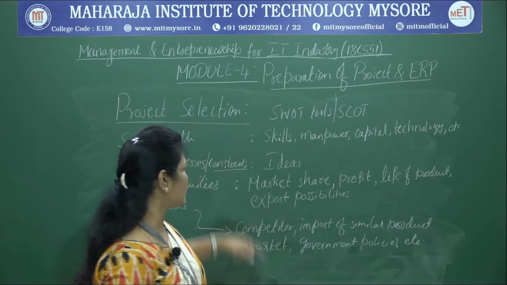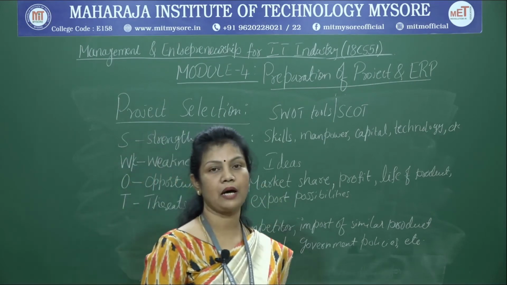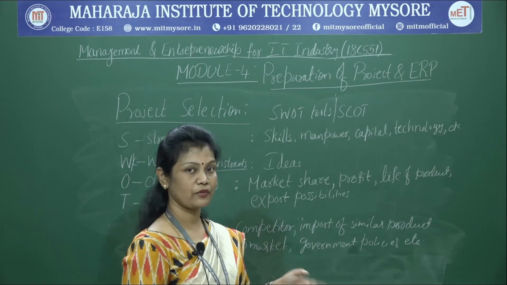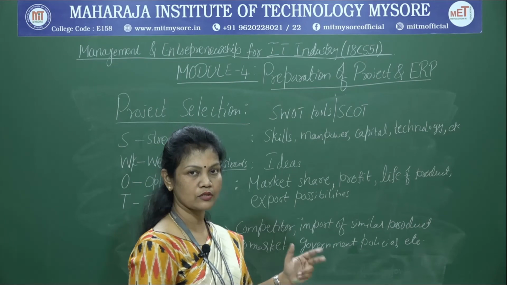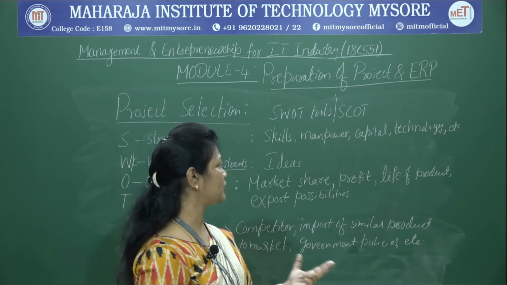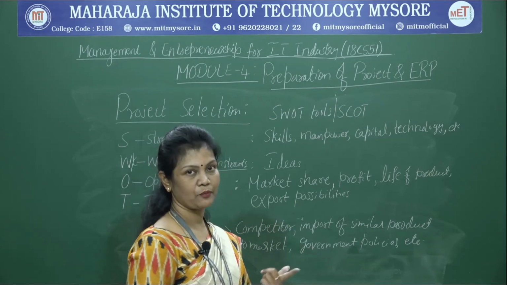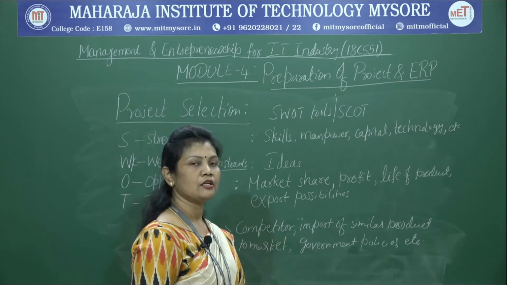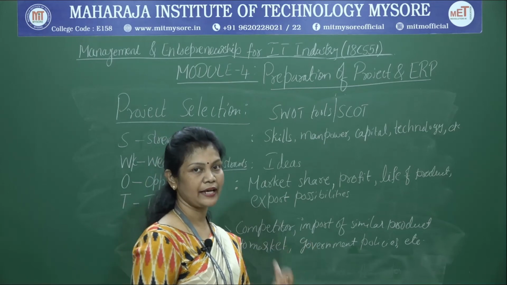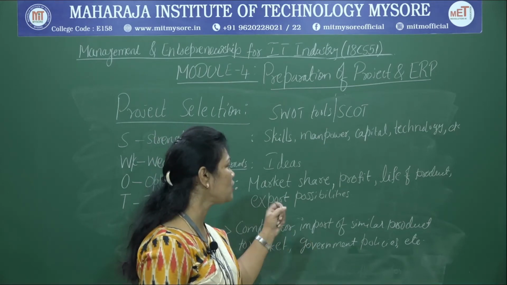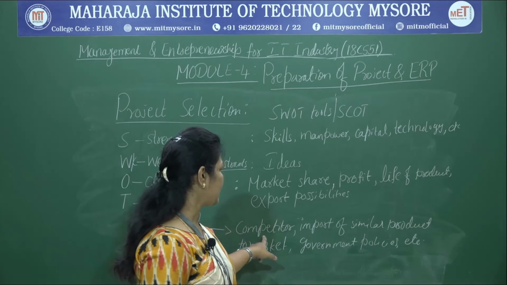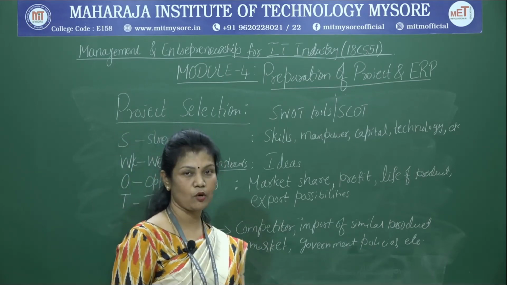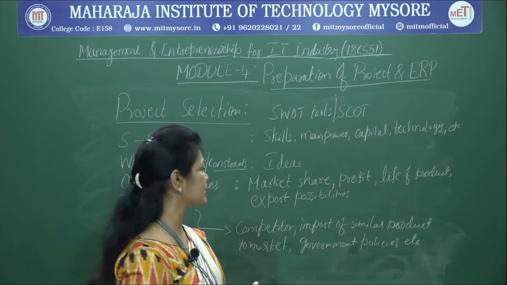When it comes to the opportunities, how much market they can occupy via their business, how much profit they can make with the goods or services they are going to give to the market, and what could be the life of the product if they are giving the goods to the market. What is the possibility of exporting their product to other countries? Then when it comes to the threats, there are many competitors who will be doing the same business.